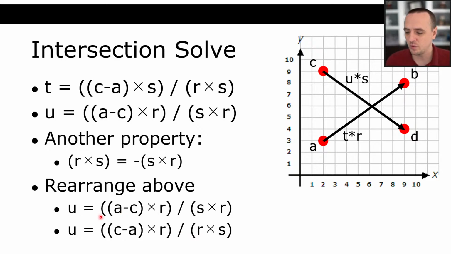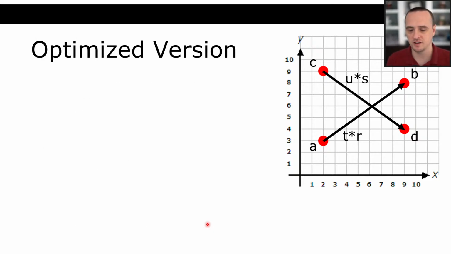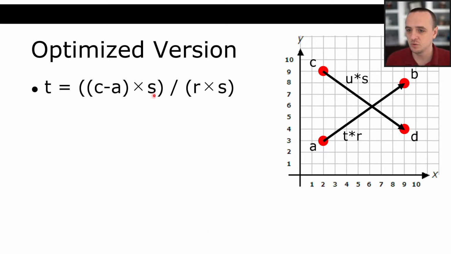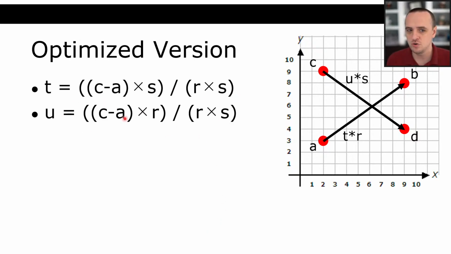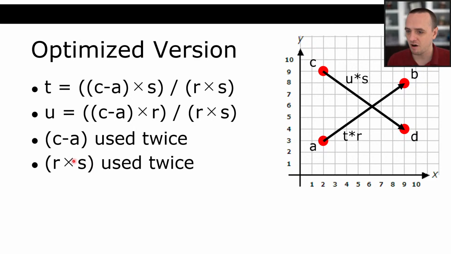Okay? And now what we have is instead of u being equal to this, we have u being equal to this. And you might say, okay, well, all you did was rearrange it. It's the same amount of calculations. However, look at this. Now, t is equal to this, and u is equal to this. So c − a is used twice, and r × s is used twice.